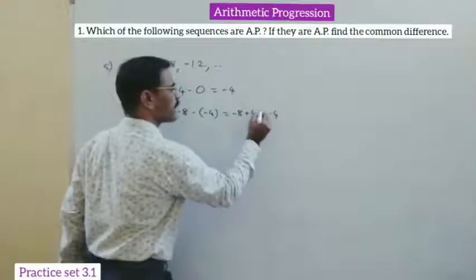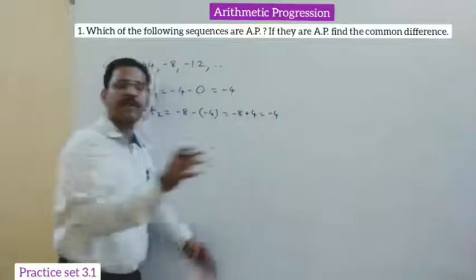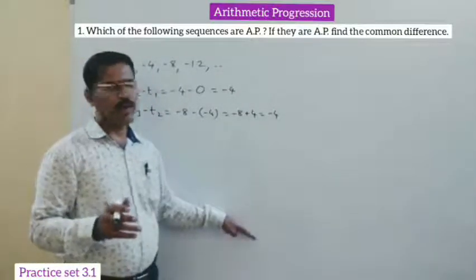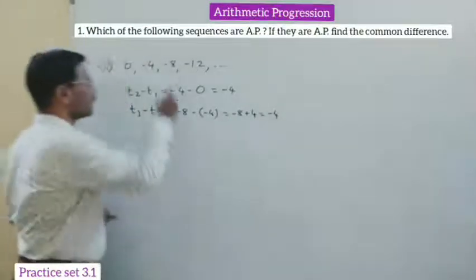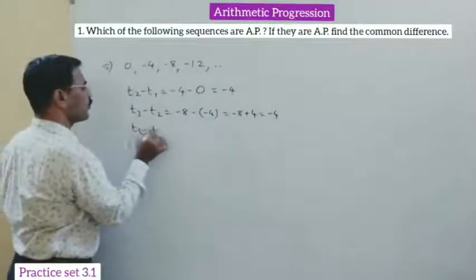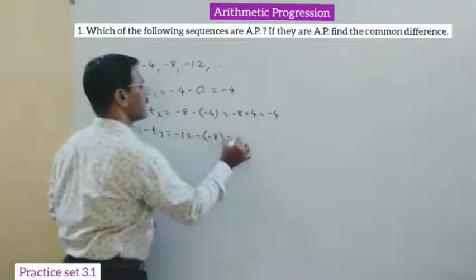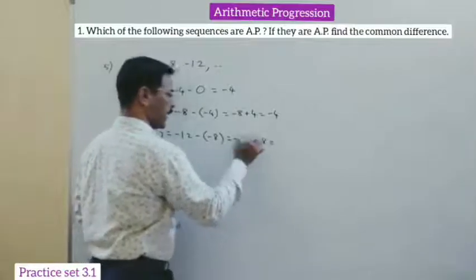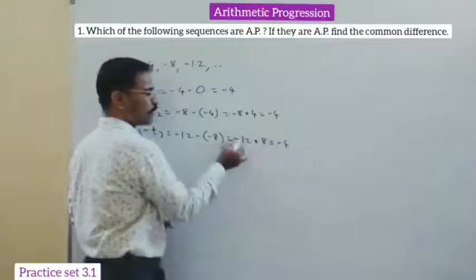Suppose, just look here friends, suppose in the first two only the common differences were different. Then no need to find the next one. Because here both are same, we are going to take one more. That is T4 minus T3, that is minus 12 minus, minus 8, minus 12 plus 8. Again what we get here? Minus 4, because 8 minus 4, 4, and give the greater number's sign.